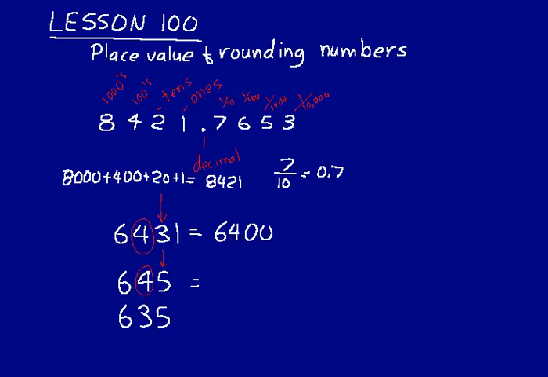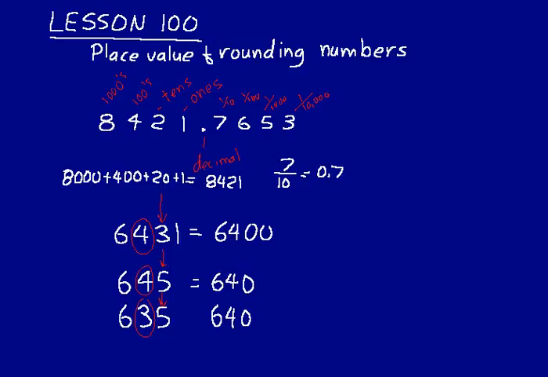So we would just round this to 640. The next example, though, if we round this to the nearest tens, that circled digit is a 3 and the terminal one is a 5 again. And what a lot of people do is if that circled digit is odd, and then the terminal one is a 5, they round up. So we would say that's equal to 640 as well.